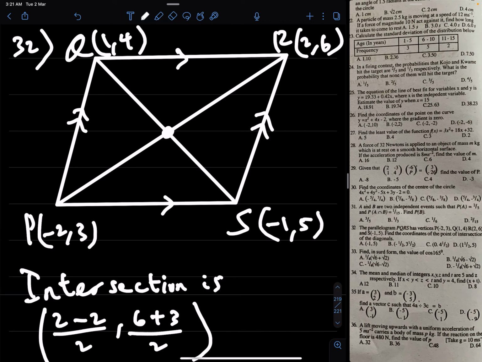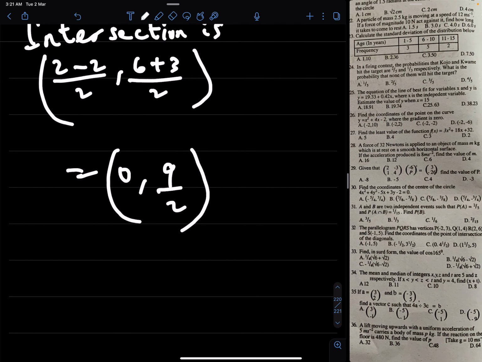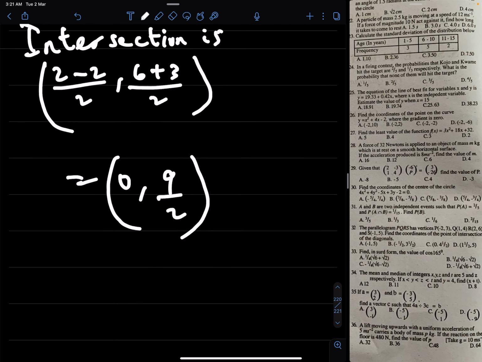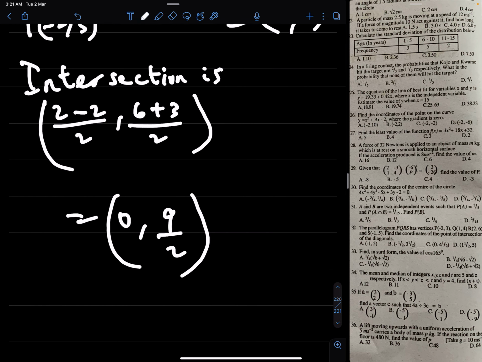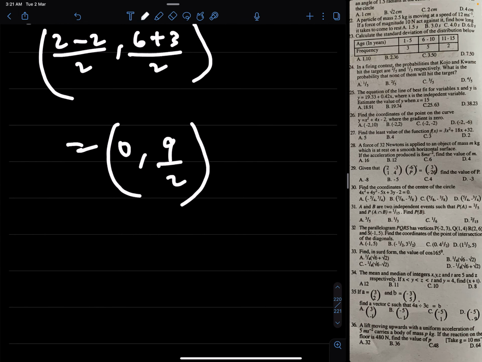So you can use either of the diagonals to find the coordinates of the point of intersection of the two diagonals. I just needed to make sure that's well said and clearly stated.